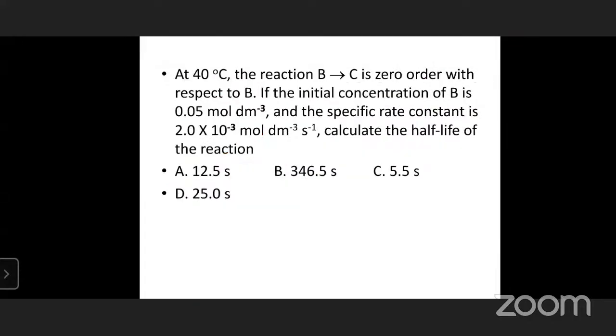Okay, look at this. We have just a minute and a half left.